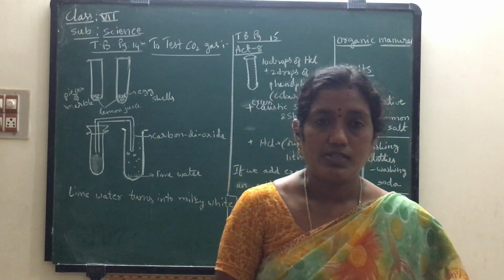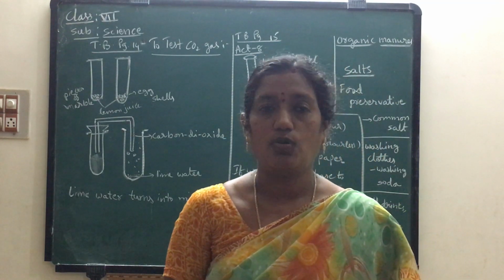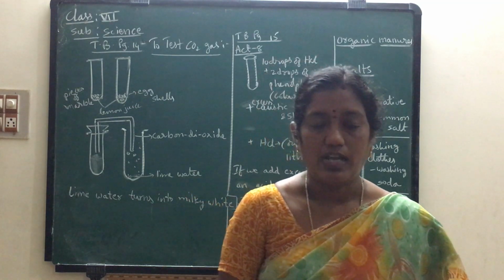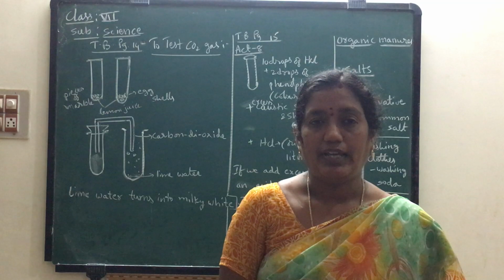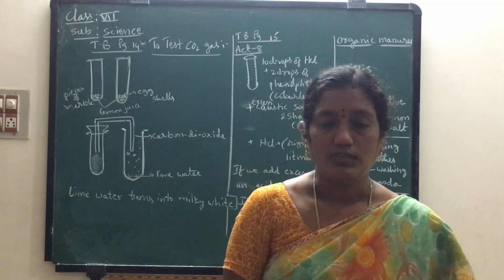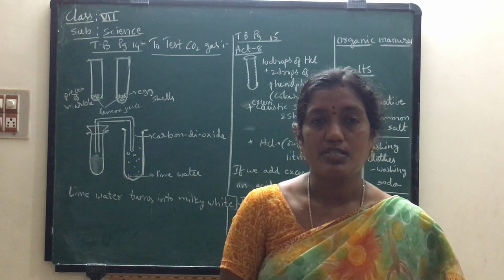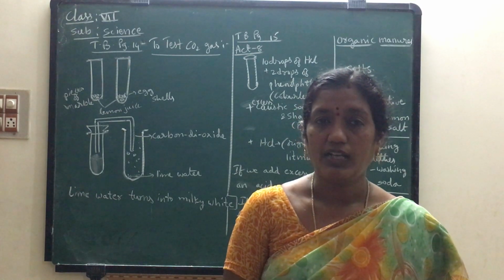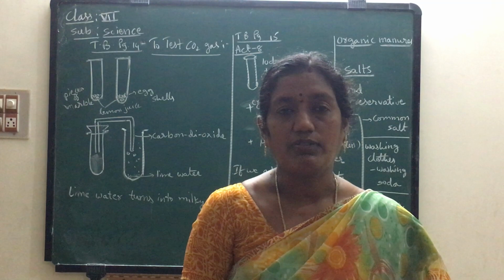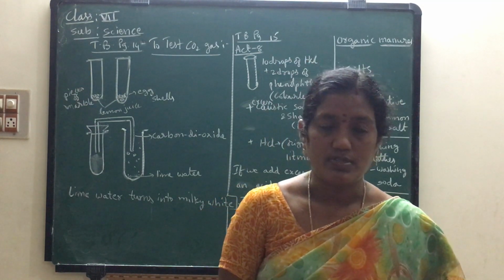Do you know marble, children? It is used as a floor in our houses. So naturally it is made from marble chips. You have to add these marble chips to the first test tube. Only for the first test tube you have to add marble chips.